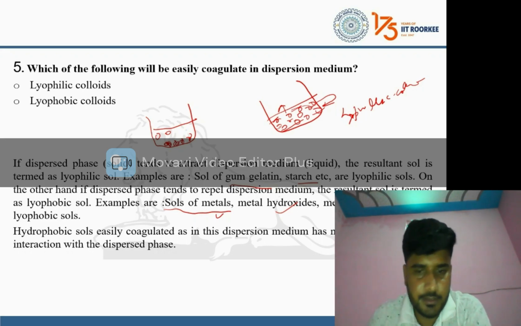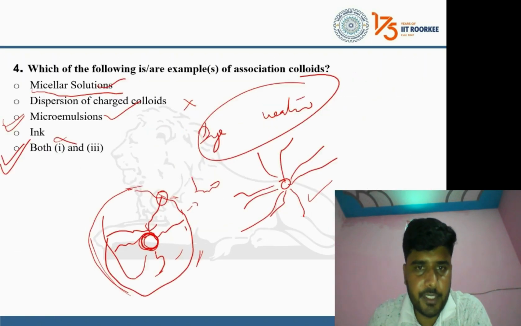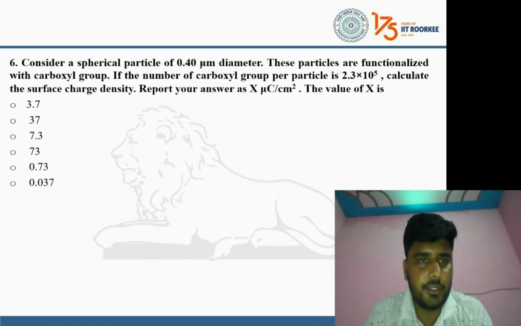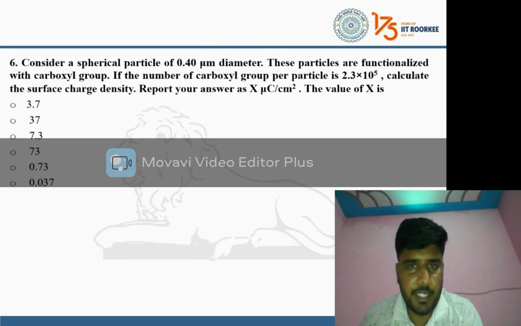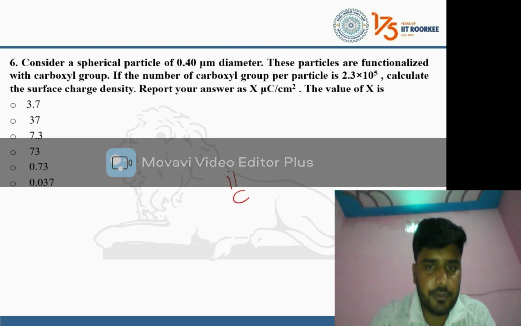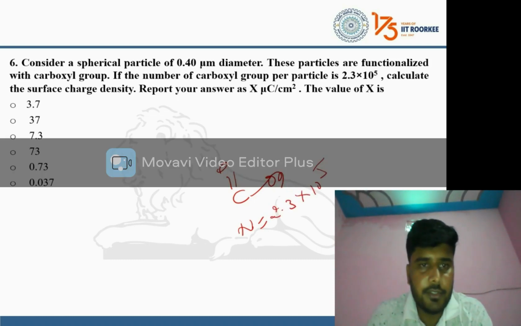Okay, so this is basically a numerical example. Consider a spherical particle of 0.4 micrometer diameter. These particles are functionalized with carboxylic groups. So these are the carboxylic groups. If the number of carboxylic groups per particle is 2.3 into 10 to the power 5, you have to calculate the surface charge density.